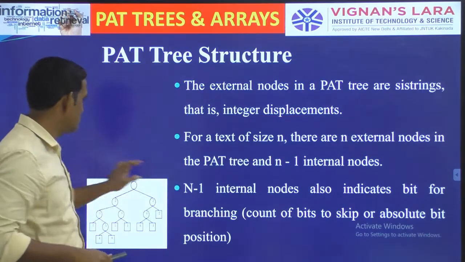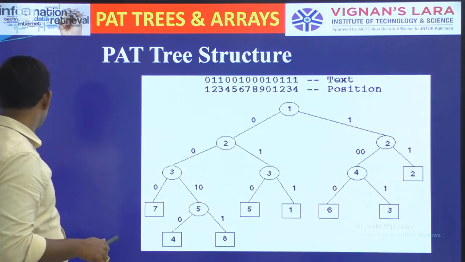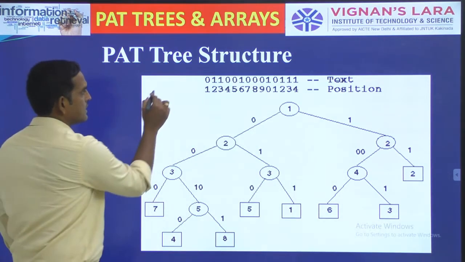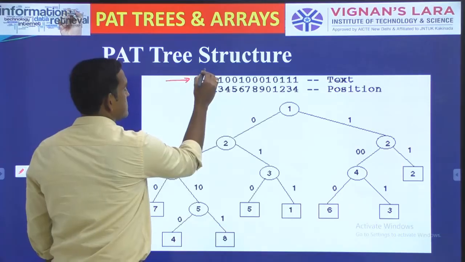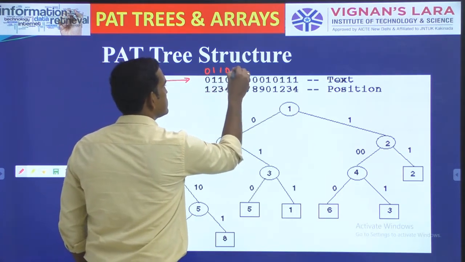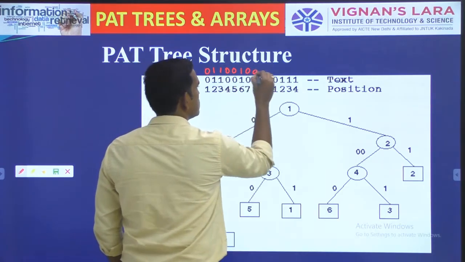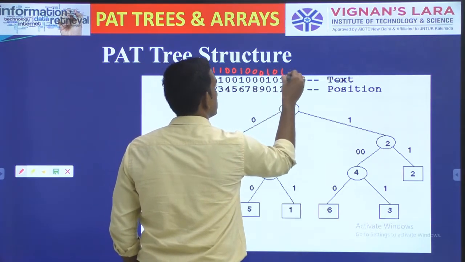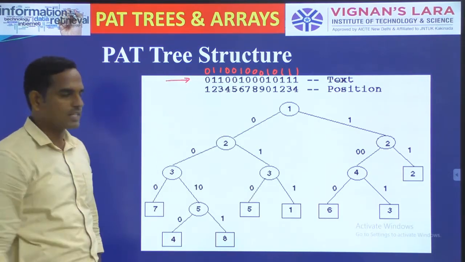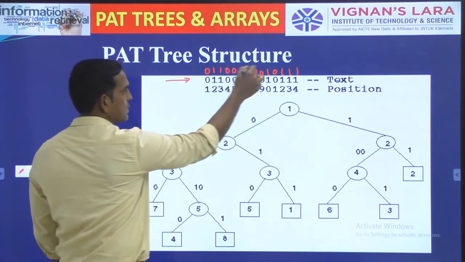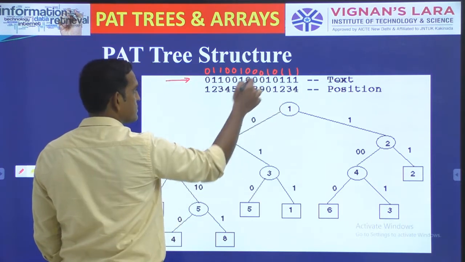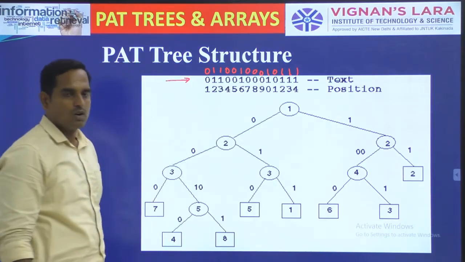A complete example for this particular string is given here. If you see, this is the text: 0, 1, 1, 0, 0, 1, 0, 0, 0, 1, 0, 1, 1, 1, 1, 0, 1, 0, 1, 1. That will be your string, and the positions are 1, 2, 3, 4 and so on.